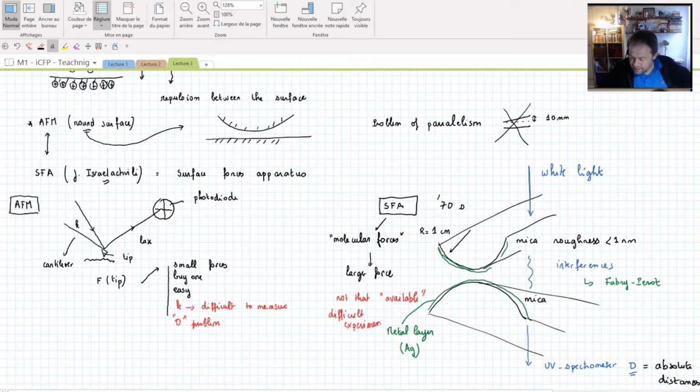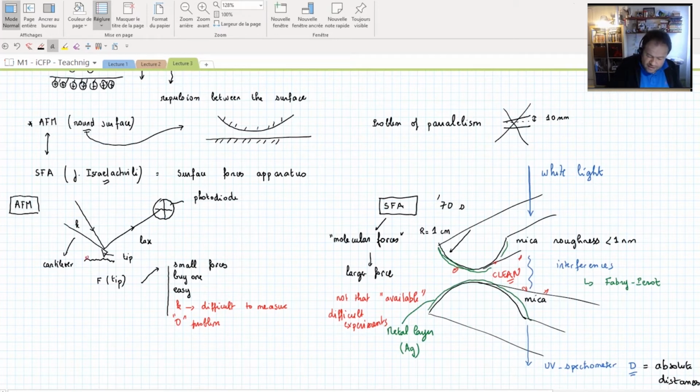And why is it difficult? It's difficult because you have to be ultra clean. Since you are dealing with big surfaces, you really need to avoid dust, which is a nightmare in the experiment.